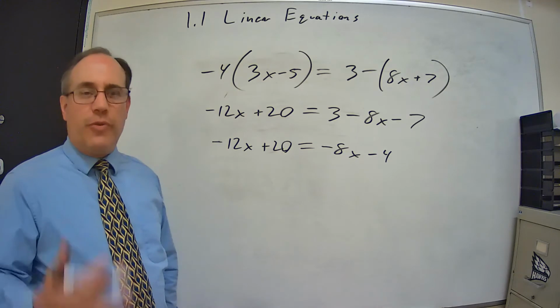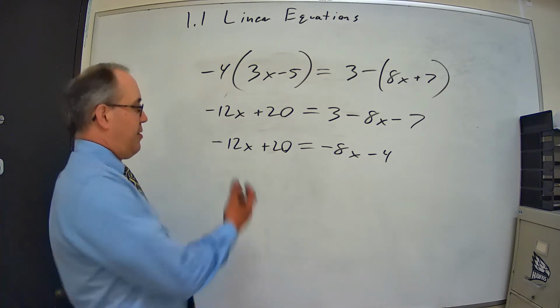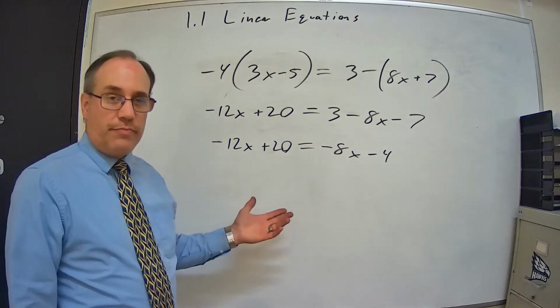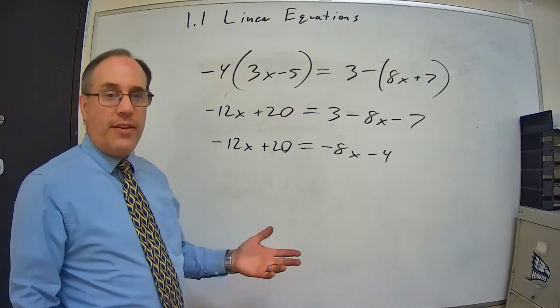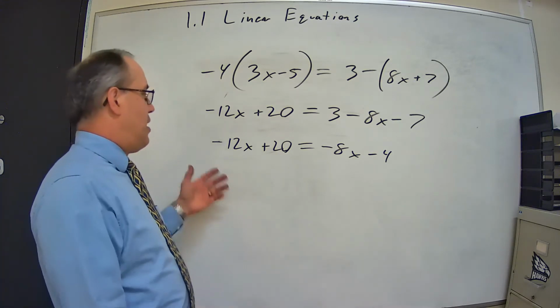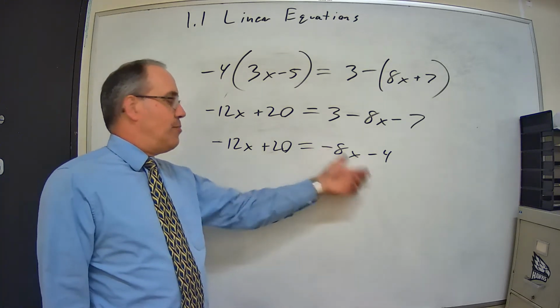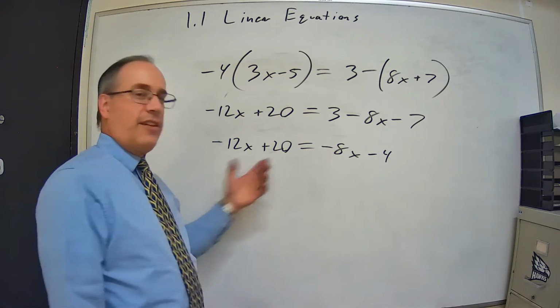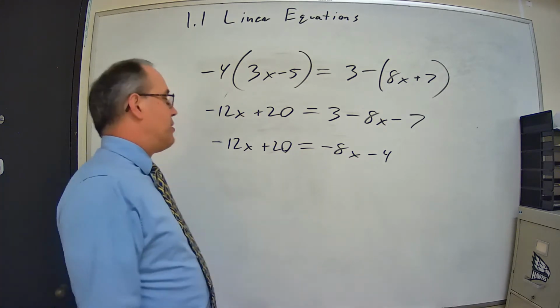You'll get used to it with time. It doesn't matter which side you solve it on. Or what I may do, and even more people get upset about this, is solve it over to this side, but move it over to the other side so that I can keep my x on the left-hand side. We're not going to do that right now.